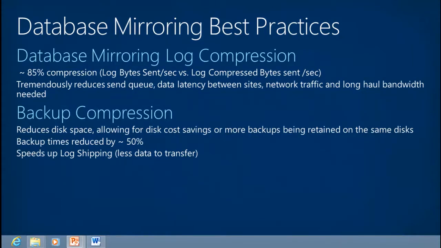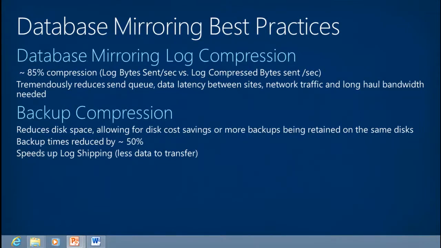It's also going to accommodate data latency between your two sites, and then lastly, you're going to be able to support a broader range of network conditions by using compression. So even if you don't necessarily have the bandwidth or throughput between your principal and your mirror, you can still use technologies such as database mirroring log compression in order to reduce the size and accommodate for latent links.